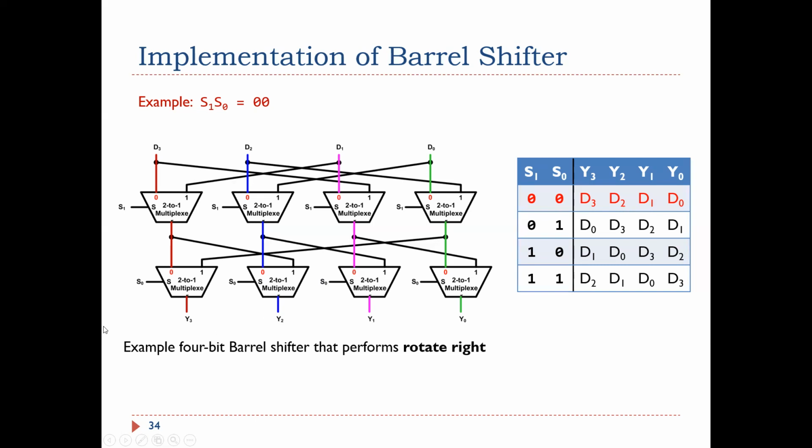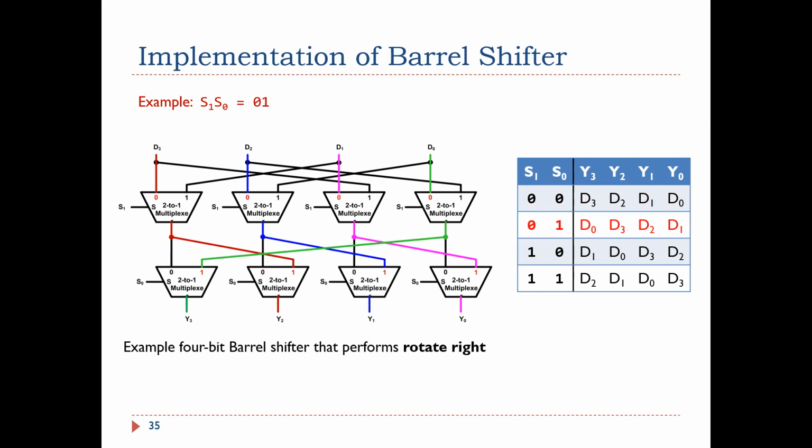Same as D2, same as D3. So by using 0 and 0 as the input, we were able to get exactly the result that we are expecting: D0 here, D1 here, D2 here, and D3 here. Okay, so that's simple.